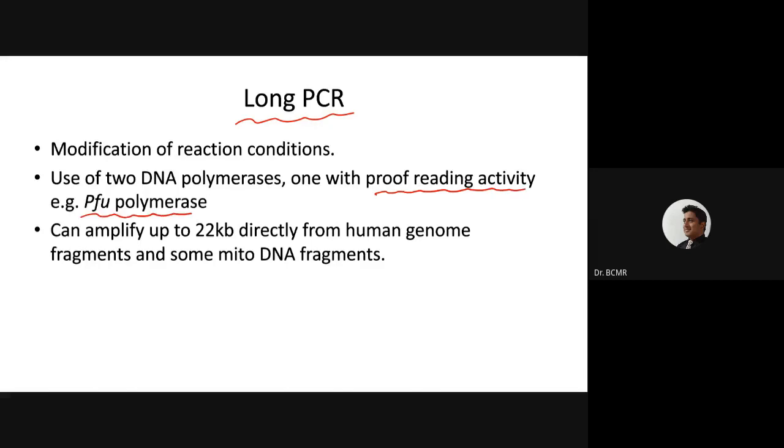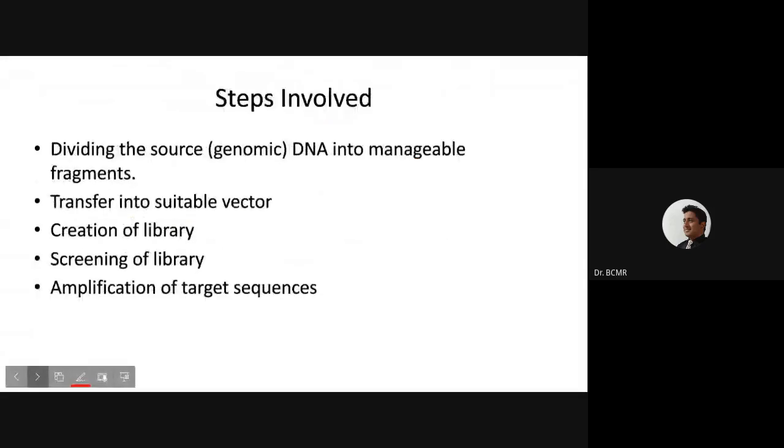If the gene is too long, we can use these kinds of techniques. But I'm mentioning it in the context of the genomic library, about the limitations of PCR. There are also other remedies, or solutions, that one could always try to use.